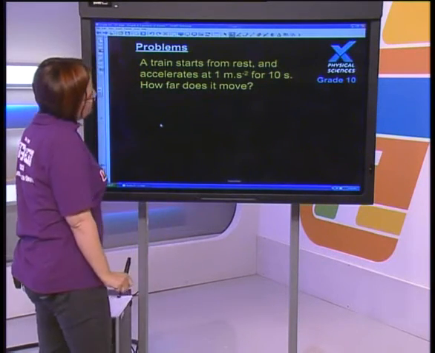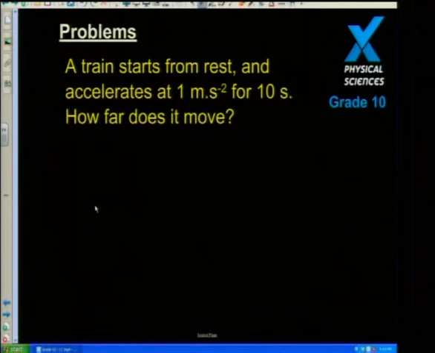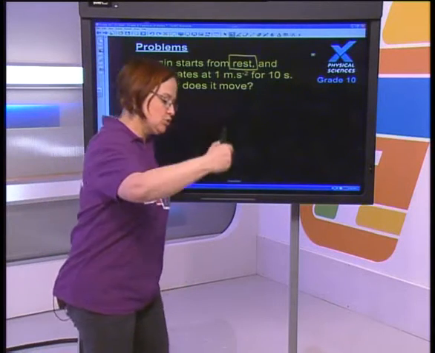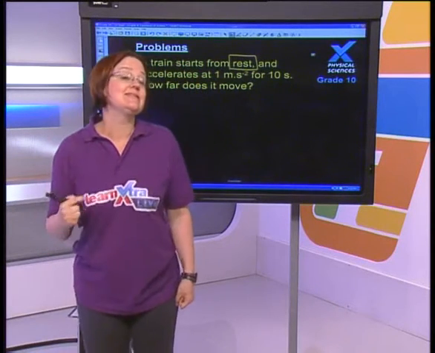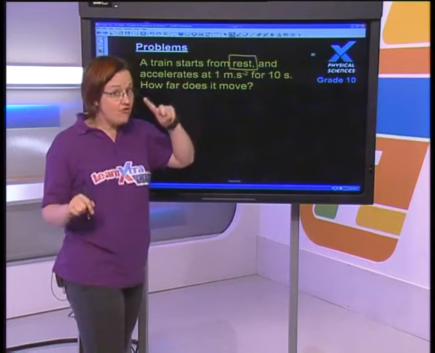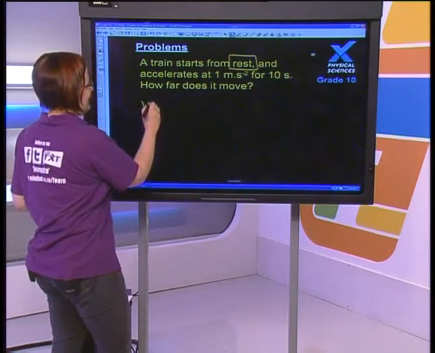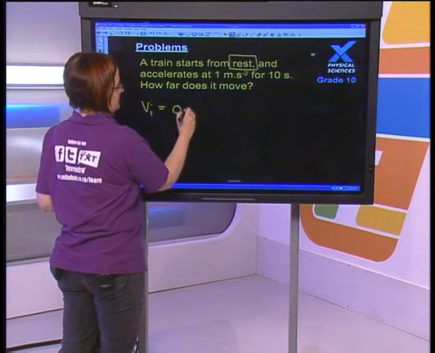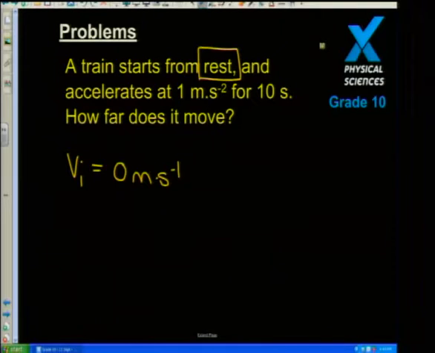It says to us, a train starts from rest. This is important. If something is at rest or comes to rest, it means it is stationary. So if my train starts from rest, my initial velocity is 0.